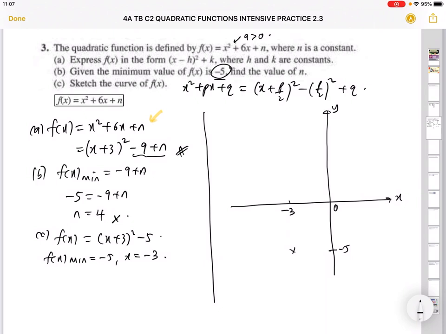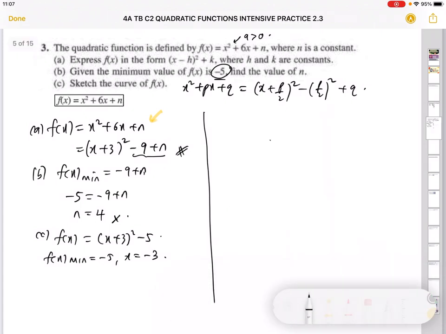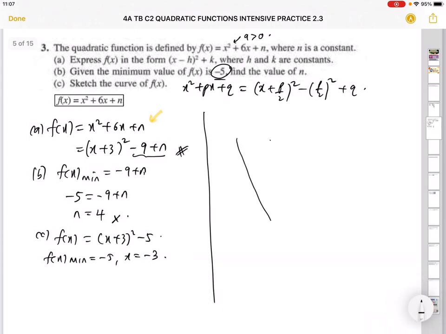So let's just draw a nice looking sketch. Okay, it's not so nice looking. So maybe I should reverse the order. When I say reverse the order, I personally find it's easier to draw this curve first, as in, you draw a nice looking curve, freehand. Okay, it's not too bad.